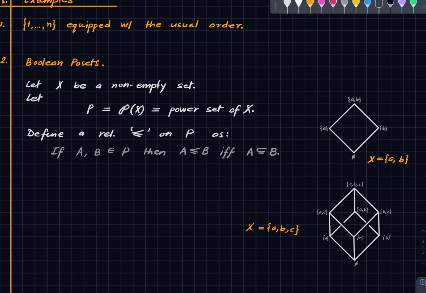So these are the 3 singletons, and then the doubletons, meaning the 2 element subsets. Of course {a} is contained here and there, {c} is contained here and there, and {b} is contained here and there. And then we have the full set. So there are 8 things in the power set of X. They are layered, and this looks like a very nice thing. So that's the example of the Boolean posets.